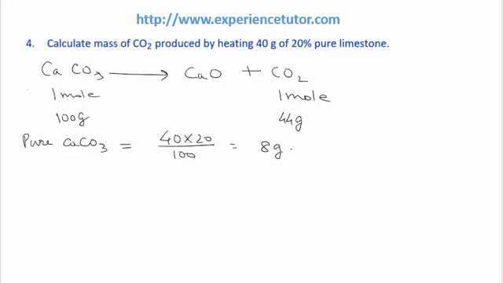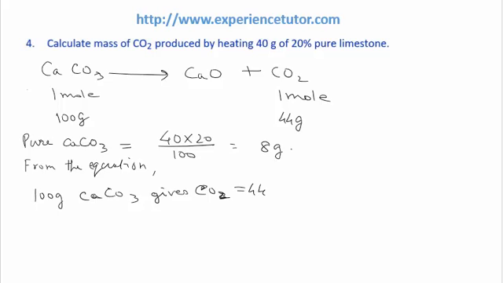From the equation we can also write 100 gram CaCO3 gives CO2 is equal to 44 gram.